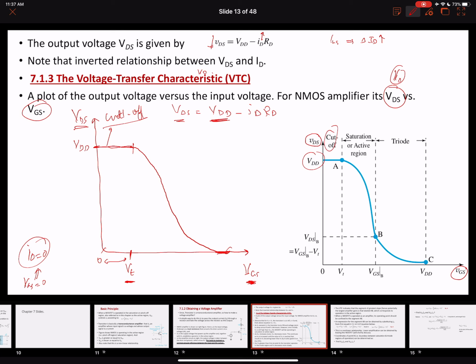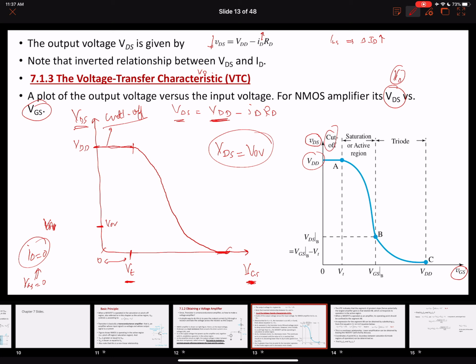One more condition that we know is that when our drain to source voltage becomes equal to the overdrive voltage, it will enter the saturation region. This is kind of an intersection point between the triode and the saturation region. So let's assume that this point is equal to the overdrive voltage.